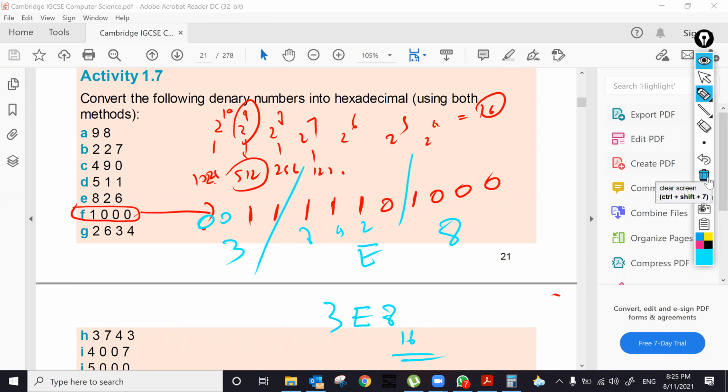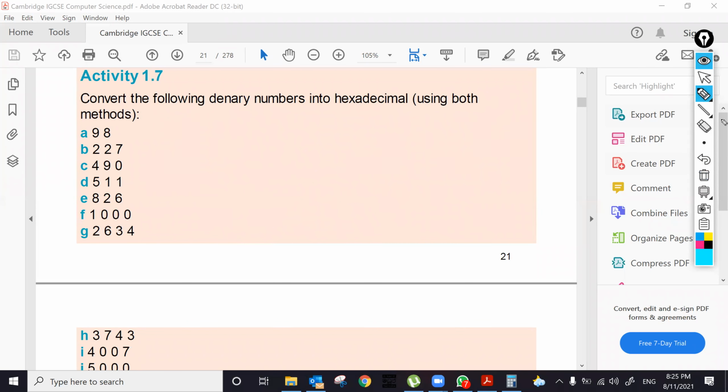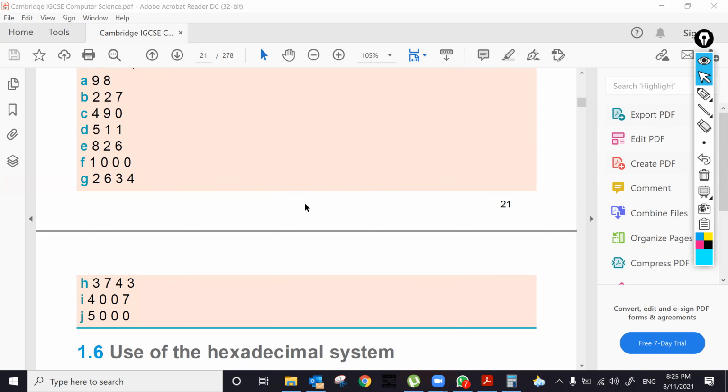So this is the simplest way to do this. Okay. So can you do these two with the simplest way? Give me the values.